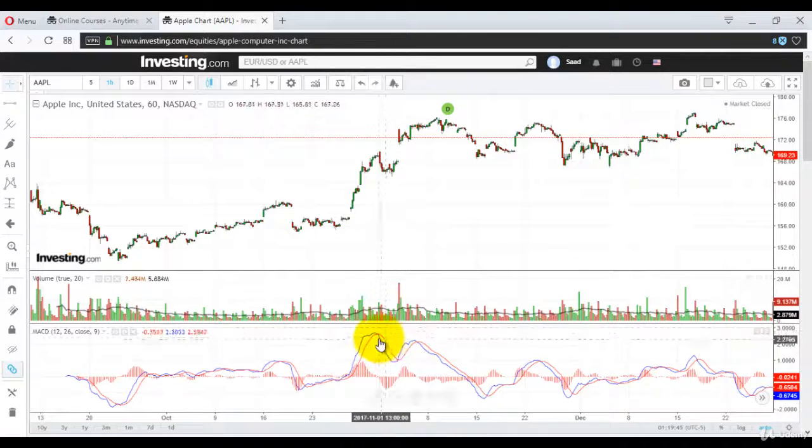But the MACD said sell here, and then again it told you to buy. So the thrust at extreme moment tells you that the MACD sell signal is coming. Now it doesn't mean that the price will stop. What it means is that you, on the trading basis of MACD, should stop.